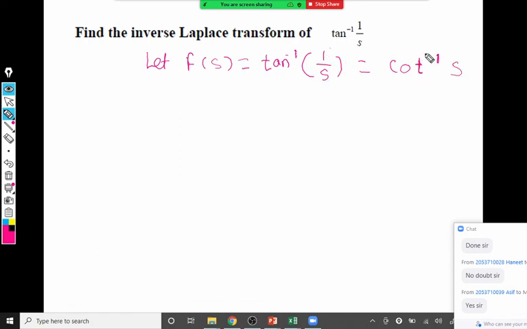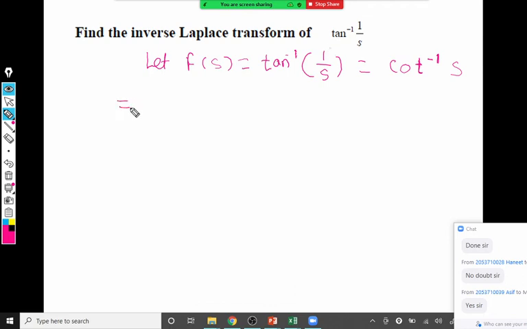Yes, because 1 upon s is there. Okay, you check this property: tan inverse of 1 by s is cot inverse s. If you are not able to get this property, you can differentiate directly also. Derivative of tan inverse x is 1 upon 1 plus x square into the derivative of 1 by s, you have to write it. So both ways are correct.